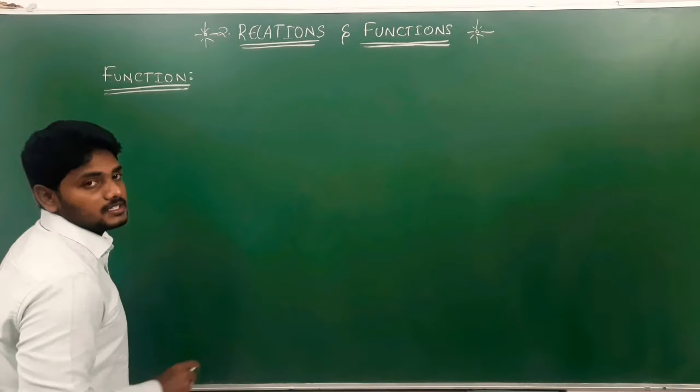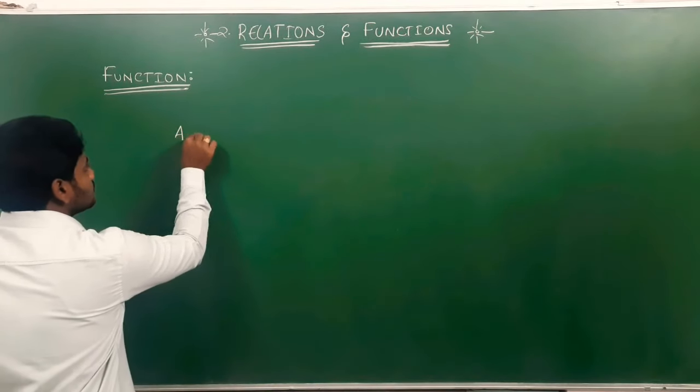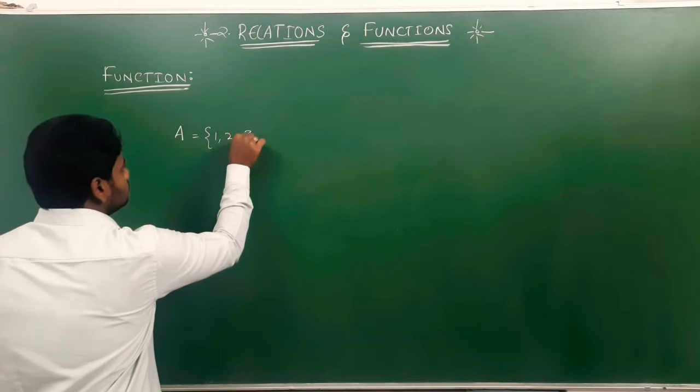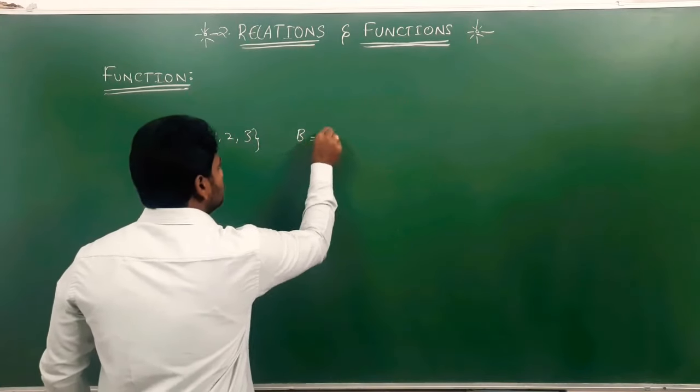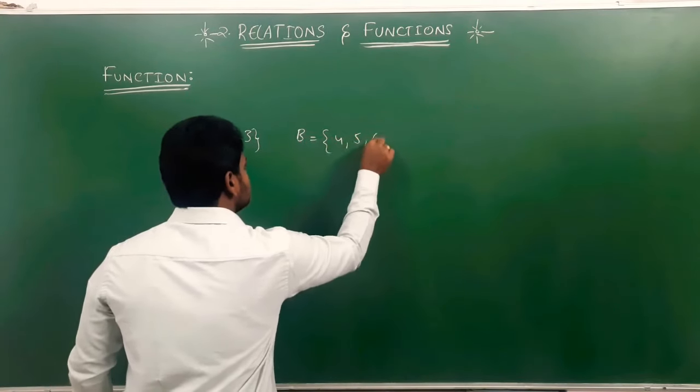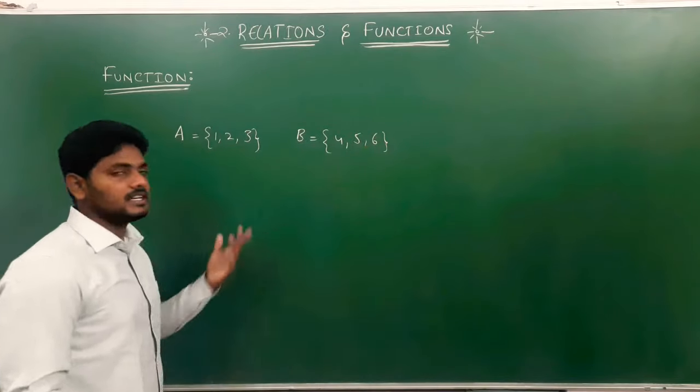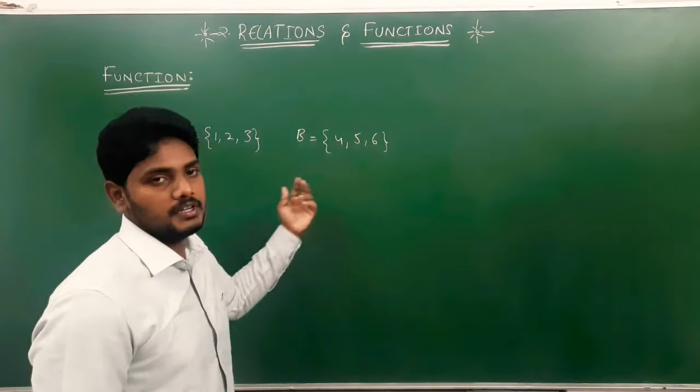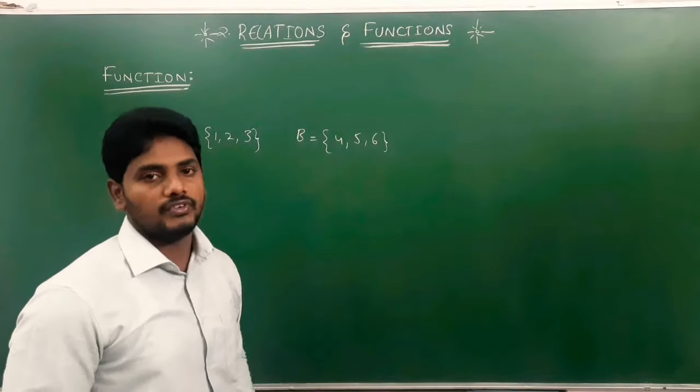To describe that, I will consider two sets: set A is 1, 2, 3 and set B is 4, 5, 6.